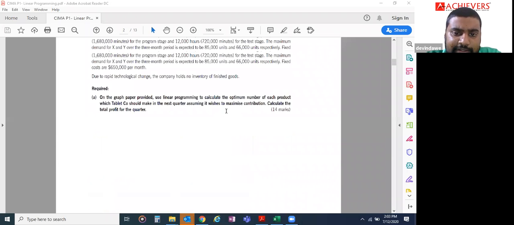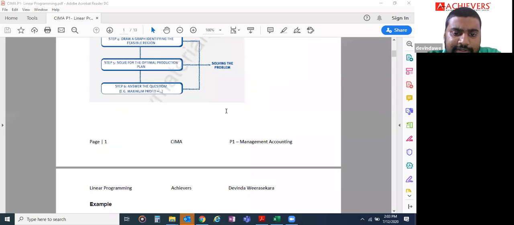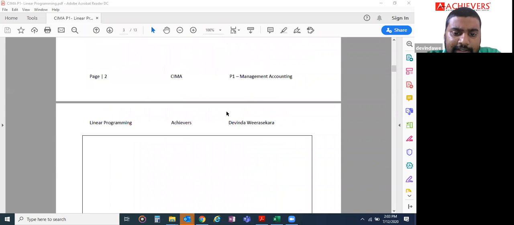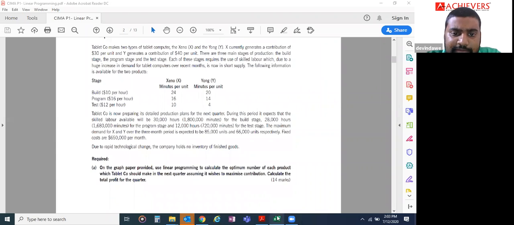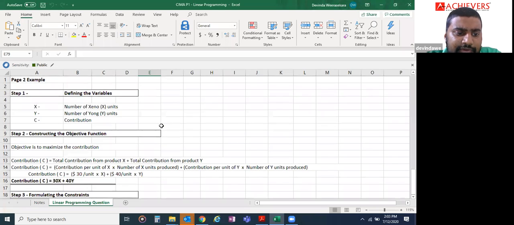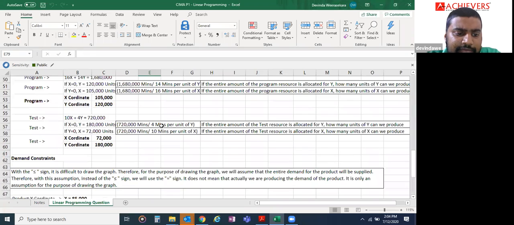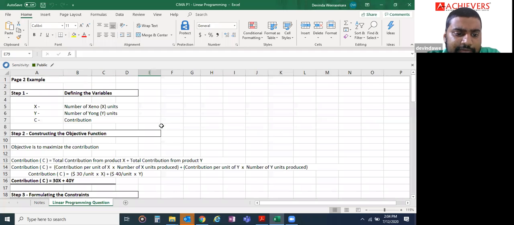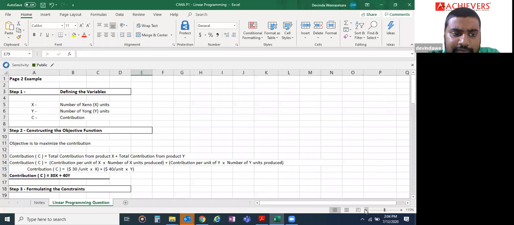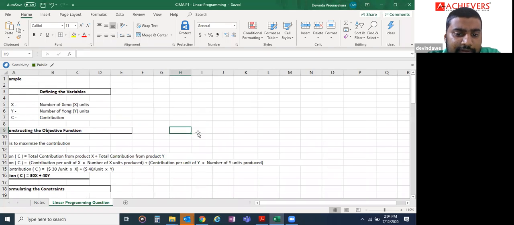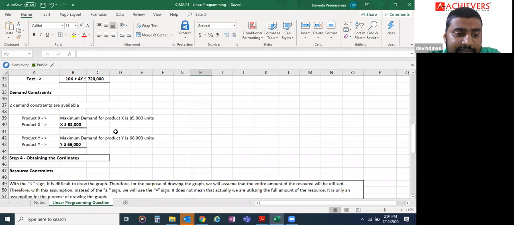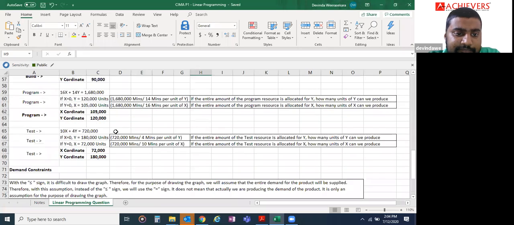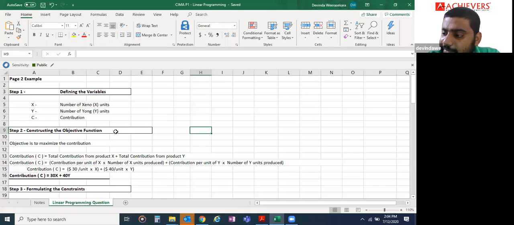We directly went into the question, and in that question we completed, from step 1 all the way up to step 4. So quickly go through the steps that we did for this question. I'll give you a few minutes, quickly go through it.